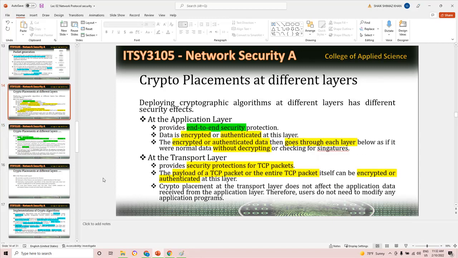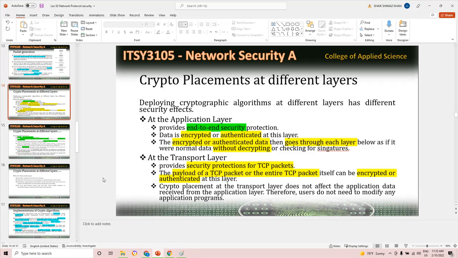When it is done at the application layer, data is encrypted or authenticated at the application layer. So the encrypted data goes down through the layers below, and the lower layers will not do the decryption. It will happen in the destination system only.